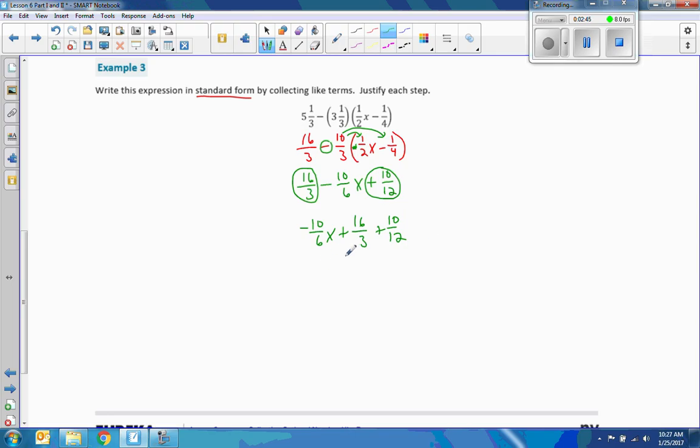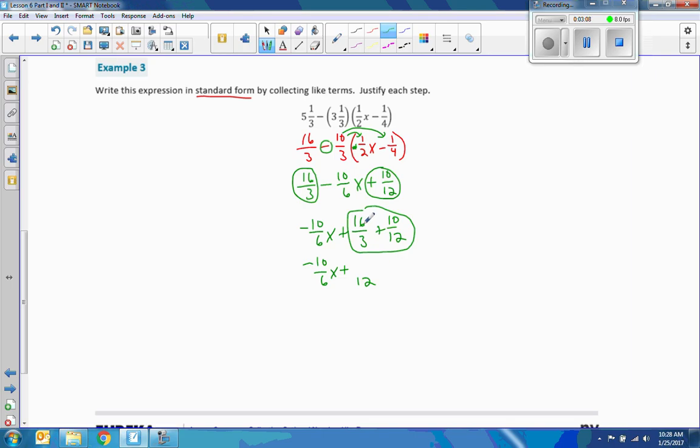And then once I do this, I have to have a common denominator. So I don't have to change anything here because it's not a like term. I've got to focus on these two. Okay, I've got to get the same denominator so that I can add those. So I'm going to change this 3 to a 12.